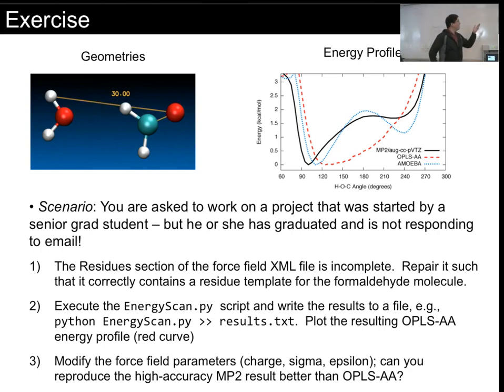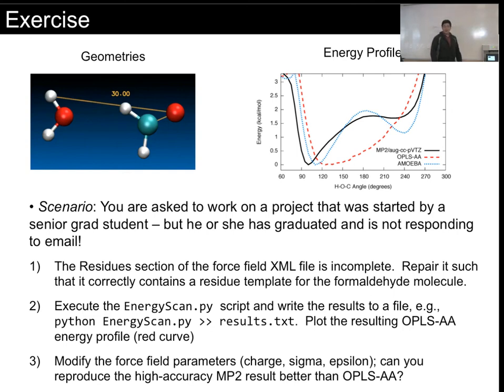So basically, the residue section of the force field XML file that is provided in the exercise is incomplete. But based on your knowledge of the XML file, which I've given you, you should now fill it in. It's only a couple of lines. It's not daunting, and then you can execute the script that does the energy scan.